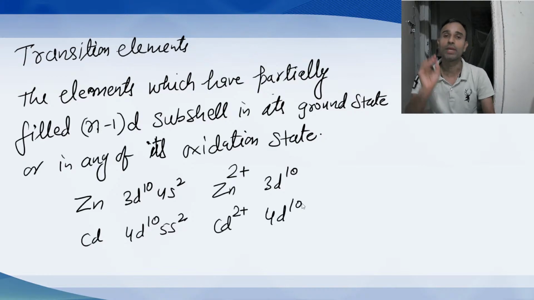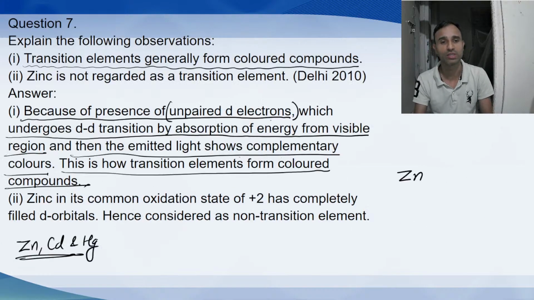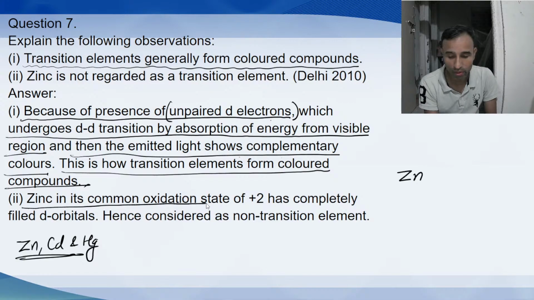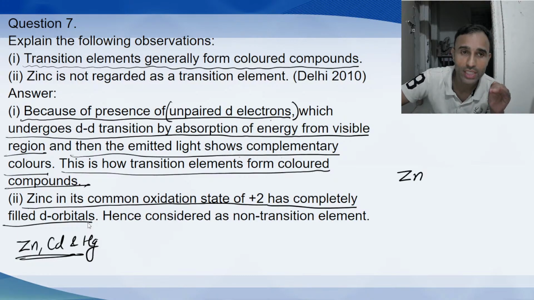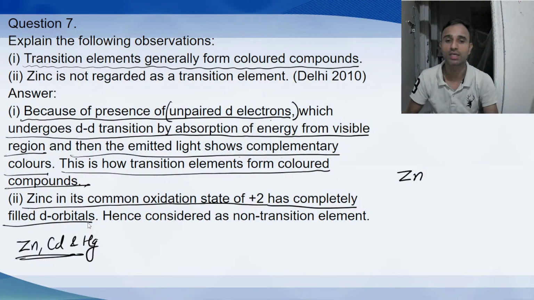So zinc, cadmium as well as mercury all have fully filled d orbitals in the ground state as well as in the oxidized state. But we require partially filled d orbitals. That's why they are not regarded as transition elements.